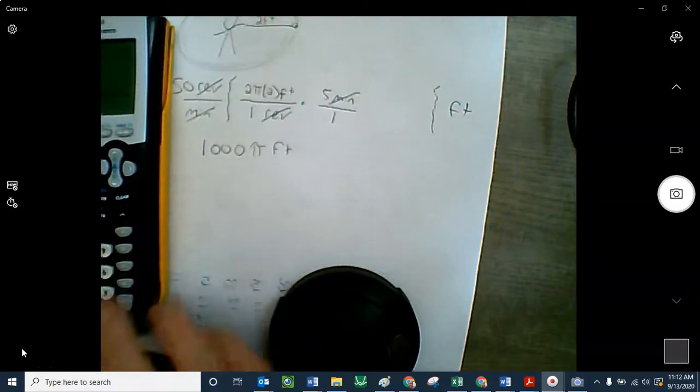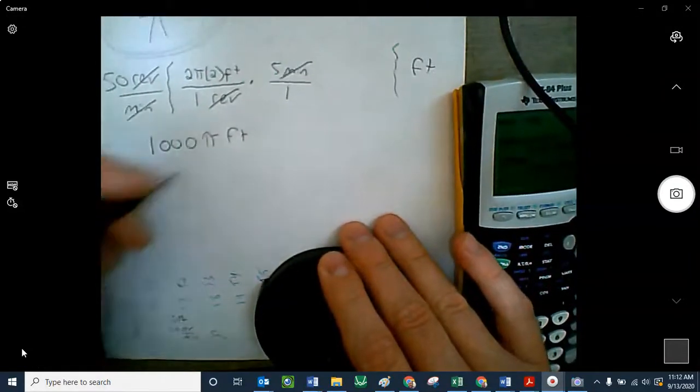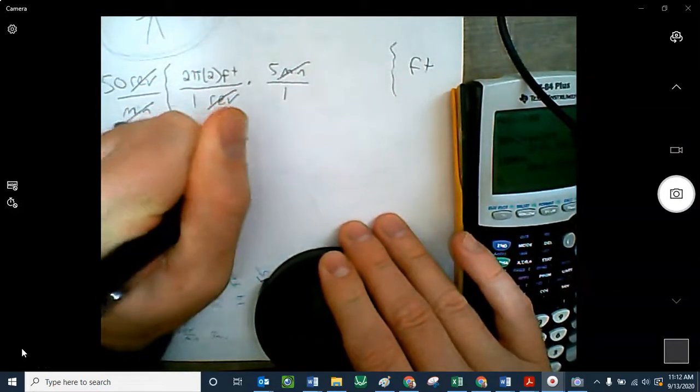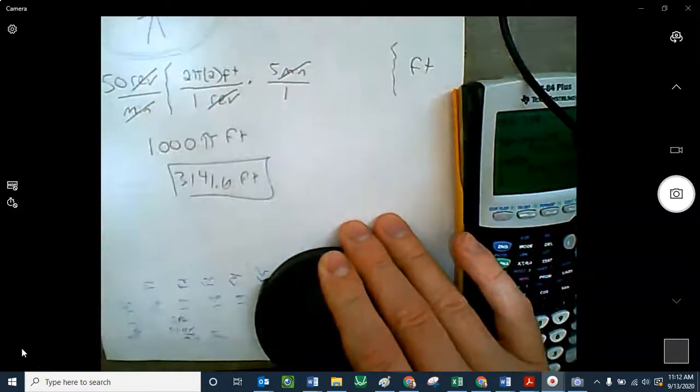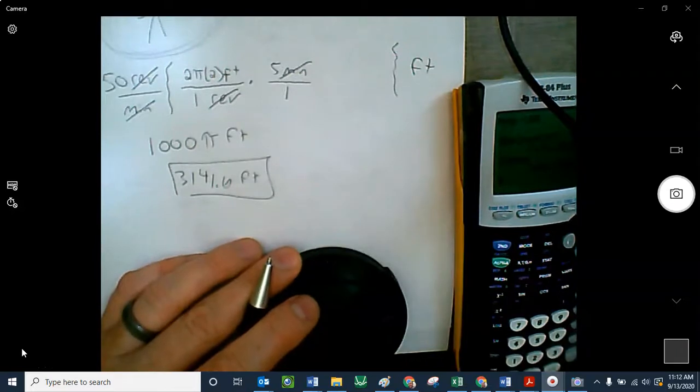Making sure I did that right. Yep. Whoa! And I could have multiplied 1,000 by pi now that I think about it, but that's okay. 3,141.6 feet. 3,141.6 feet in 5 minutes worth of swinging. So I hope you guys get this. Moving on.